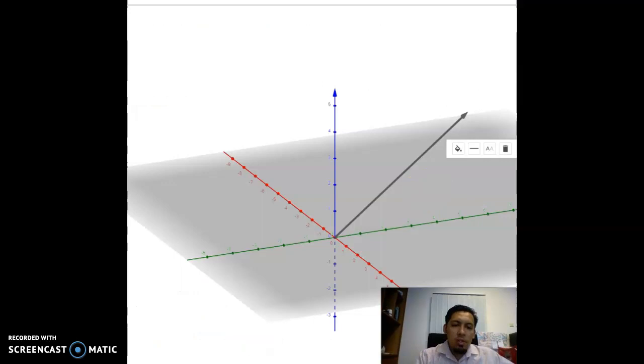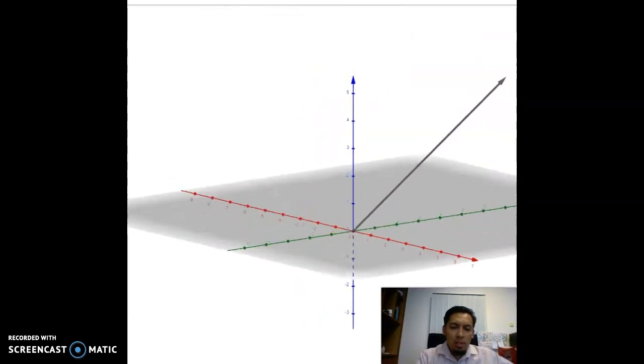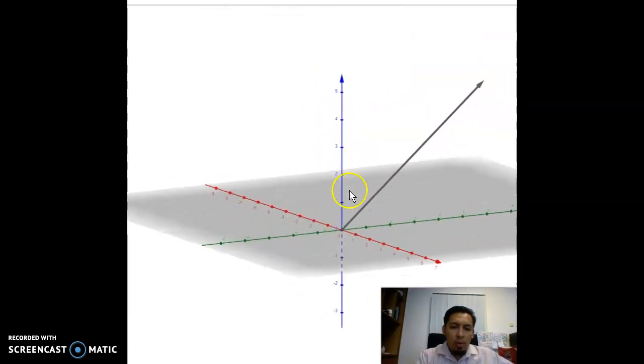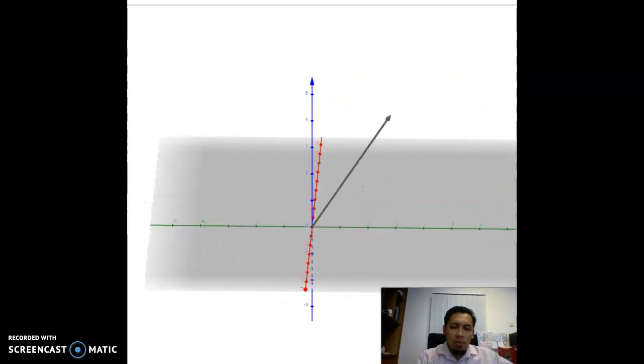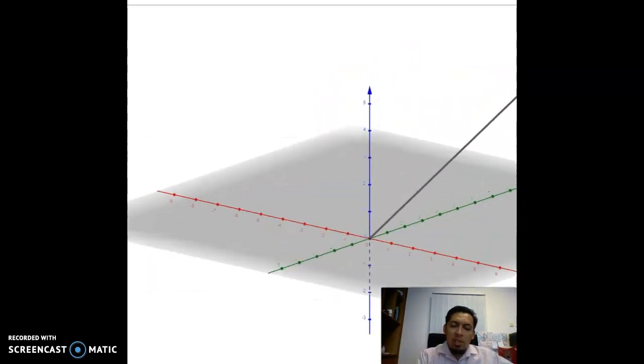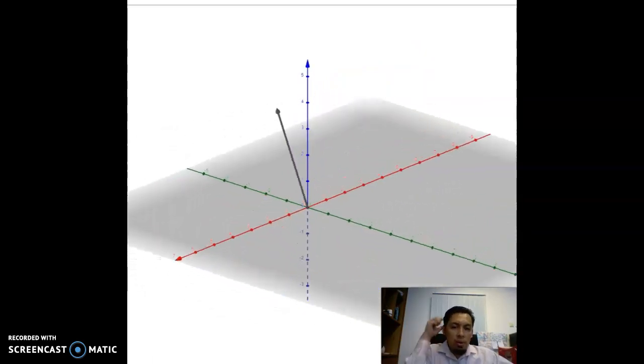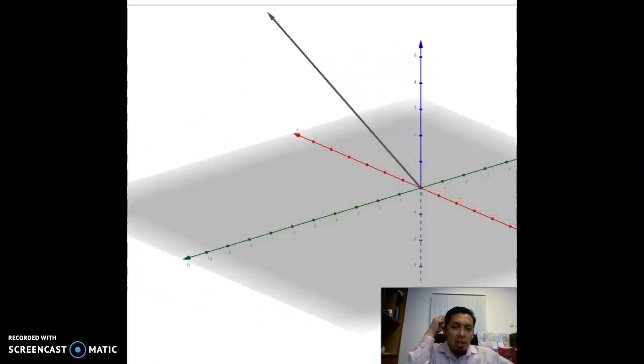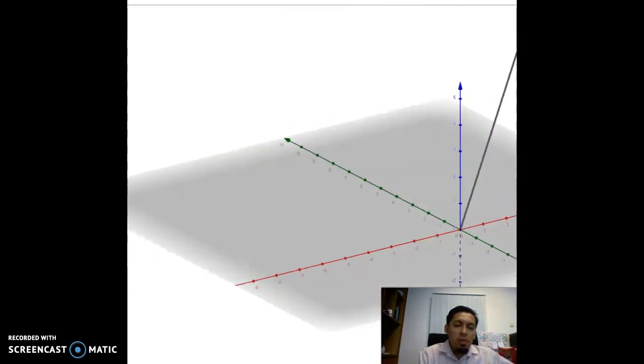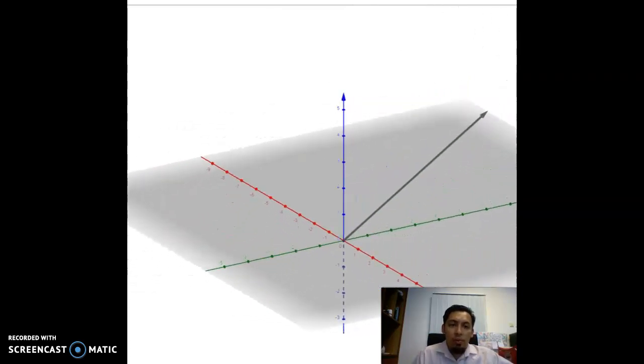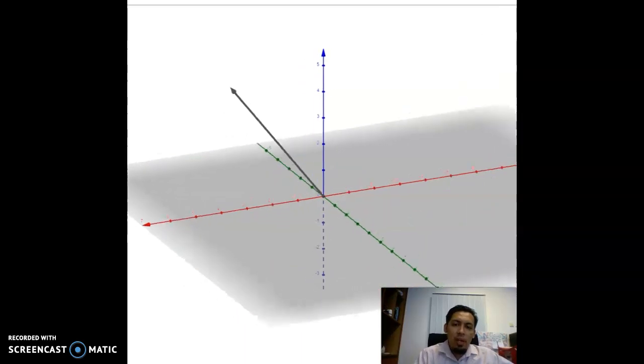This is how vector 5 3 6 looks like. It is pointing out to 5 for x, and then we have 3 for y and 6 for z. It is actually not easy to draw 3D, right? That's why we have some formula later to just calculate it when it comes to 3D.